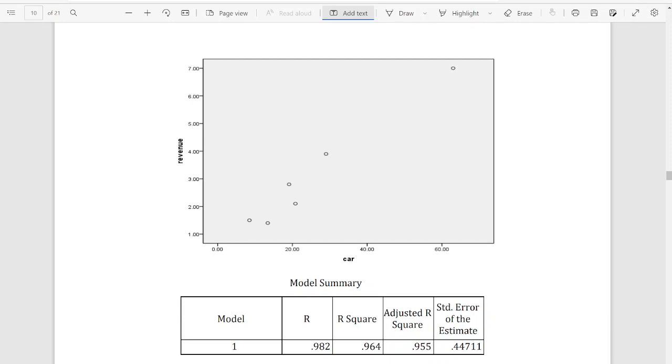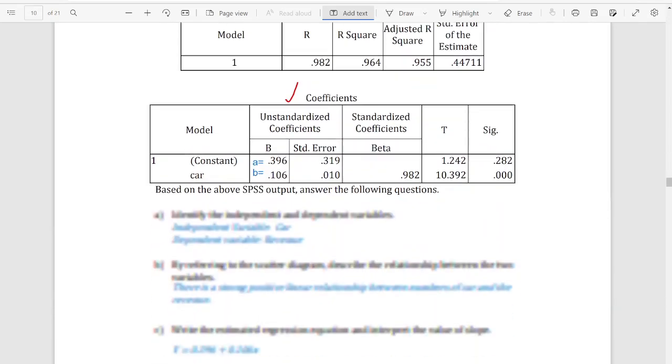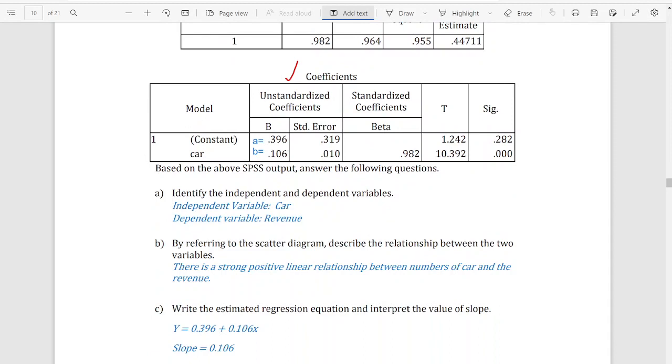Looking here, it is a strong positive relationship because the points are clustered very closely towards a straight line. The cluster is very small towards a straight line. So you can say that there exists a very strong positive linear relationship between the number of cars and the revenue.